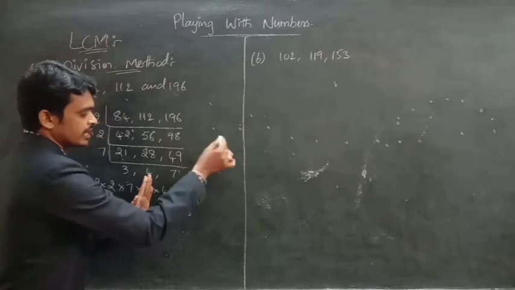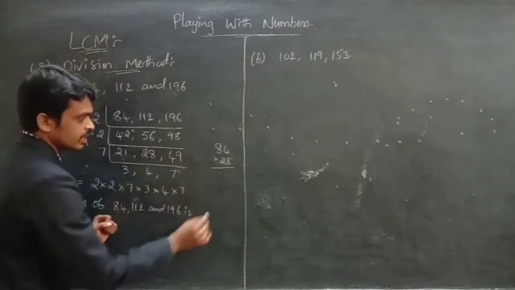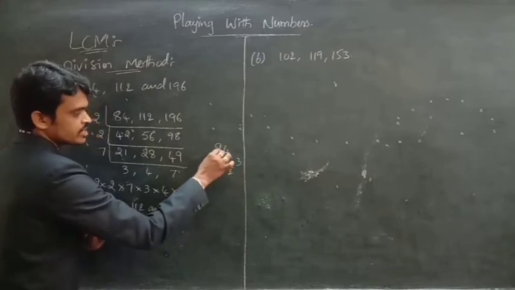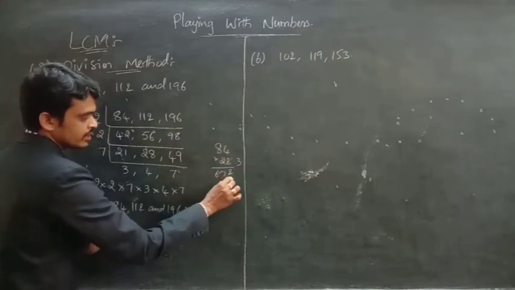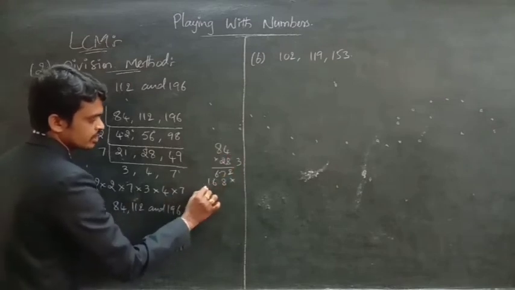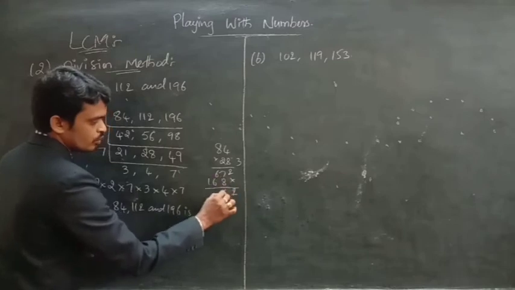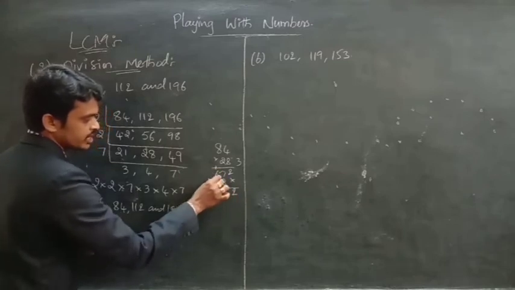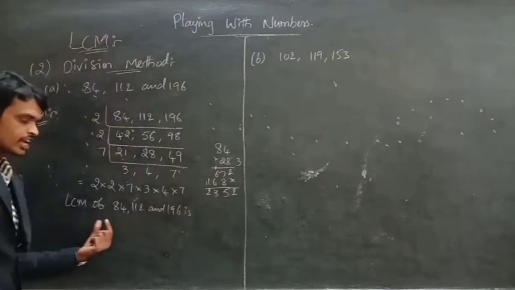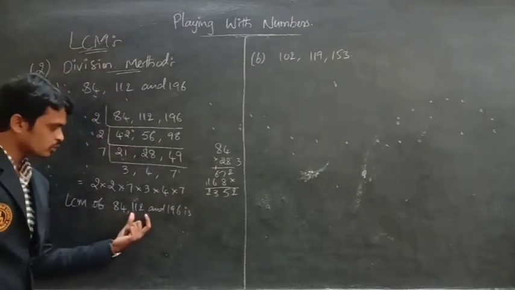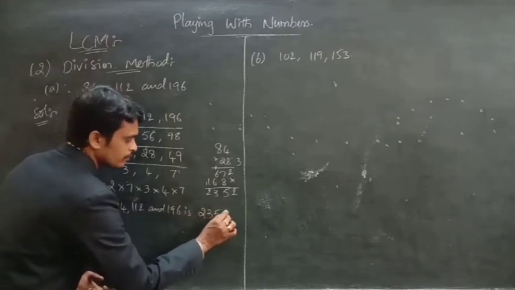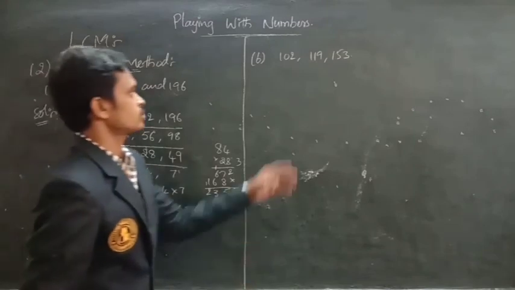Then the answer: 8 fours are 32, 2 carry 3, 8 eights are 64, 67, 2 fours are 8 and 2 eights are 16. Let us add these: 2, 15, 1 carry, 12 plus 1 is 13, 1 carry, 2. Then the LCM of 84, 112 and 196 is 2352.